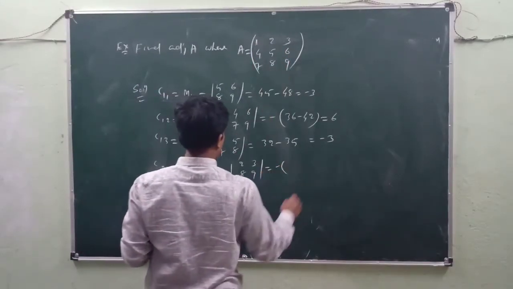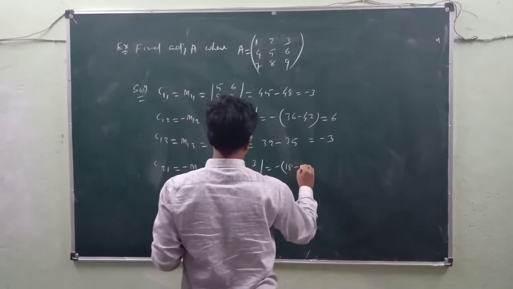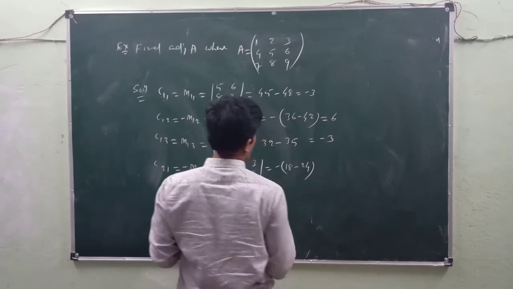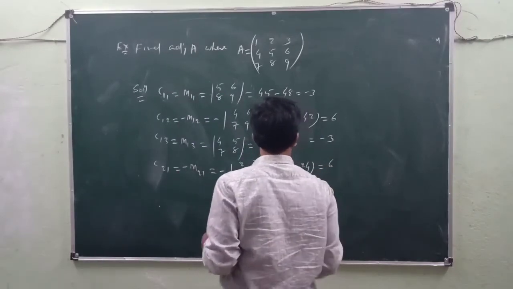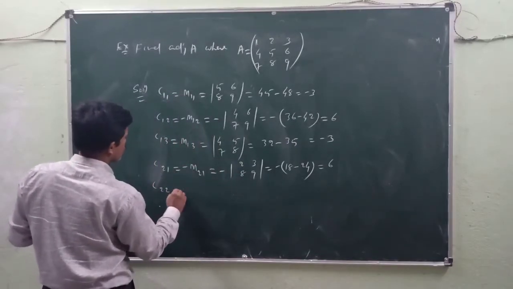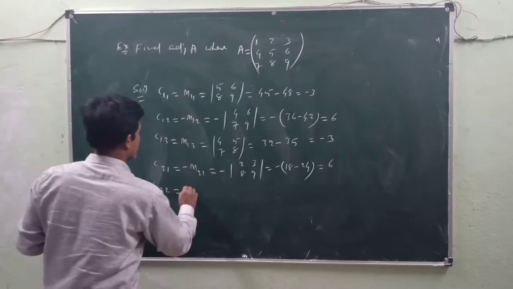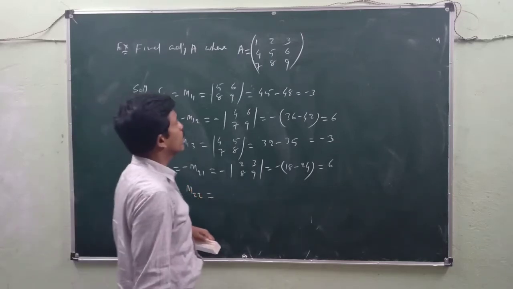Then it will be minus of 18 minus 24, so it will be 6. Then C22 is the same as M22. M22 means the minor of 5.